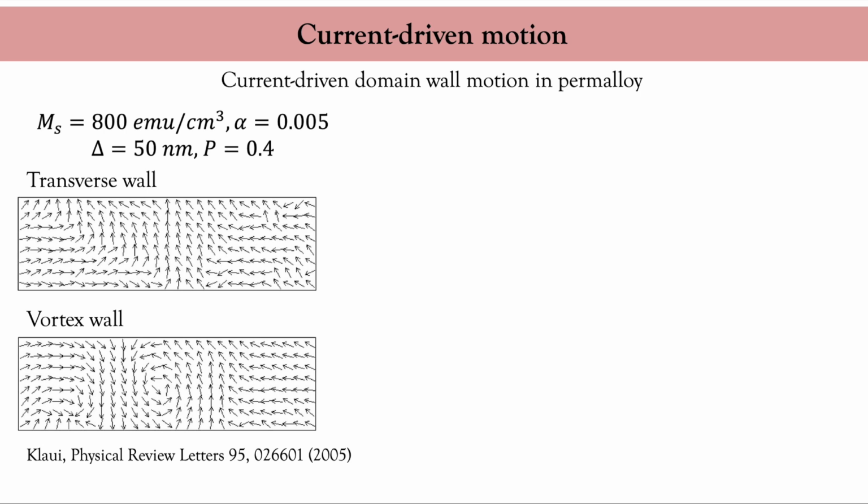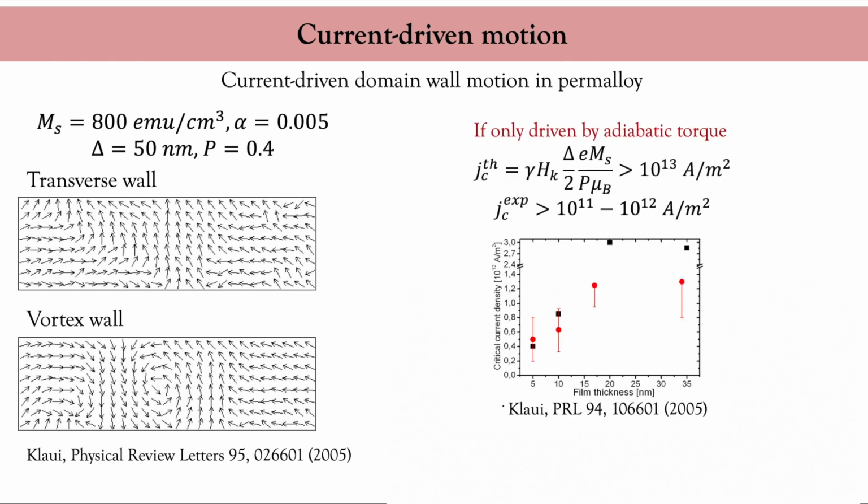When we look at all these pioneering experiments, what is very clear is that the adiabatic torque is not sufficient to explain the observed threshold. As I mentioned before, the adiabatic torque can only drive domain walls if the current exceeds the Walker breakdown, which typically corresponds to 10^13 ampere per meter squared. And the threshold reported in the experiment is rather 1 to 2 orders of magnitude smaller than that.